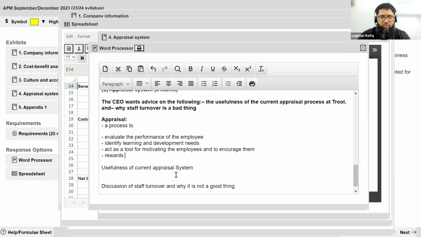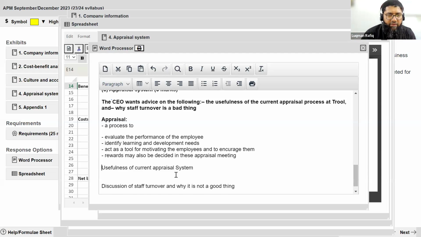The rewards may also be decided in these appraisal meetings. You're not going to write down the pointers; I'm just writing them down to create a scenario for you.